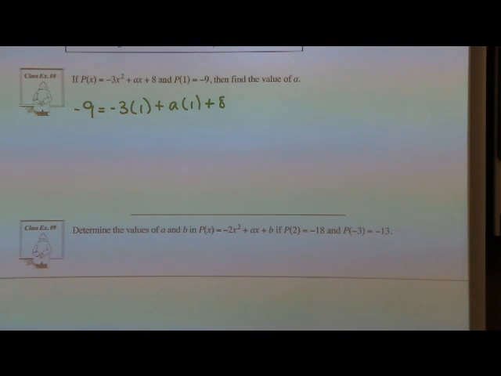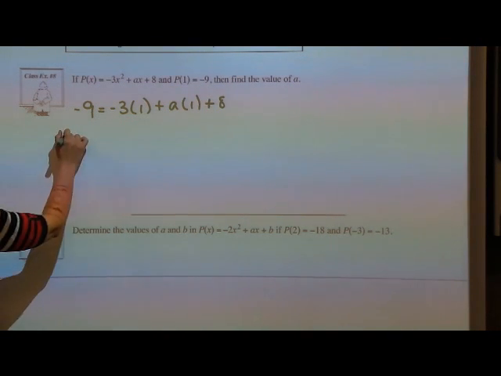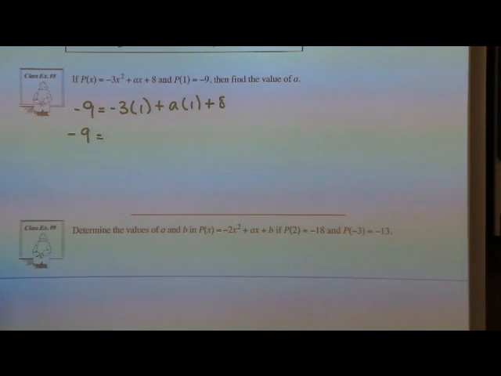It's the same thing. I have the 1 after it to show that I was replacing it for the x. I'm negative 3 times 1, negative 3 plus 8.